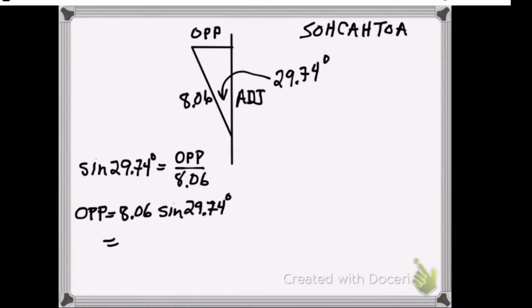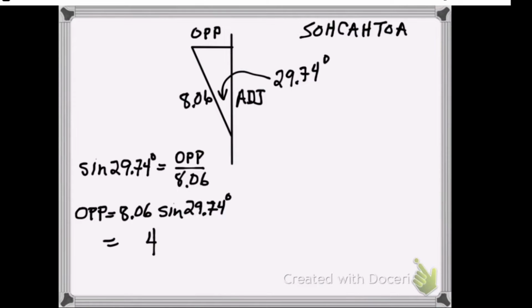We're going to do 8.06 multiplied by the sine of 29.74. And that turns out to be 3.99828, etc. Now 3.99, that's close enough to where we're going to call it 4. Come back and think about that again in just a moment.